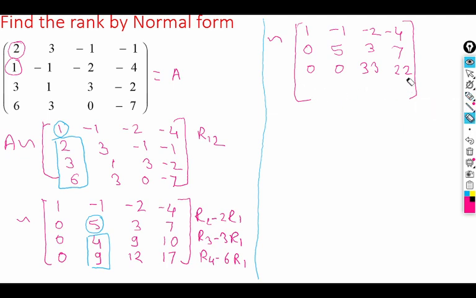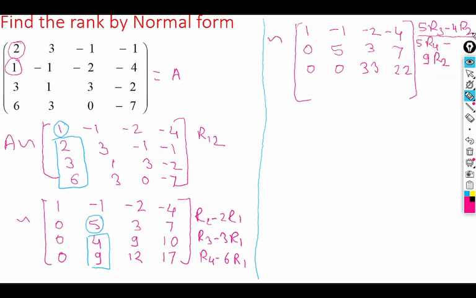This is the wrong thing that we did. Actually, the transformation for this row was correct. So we require 5R3 minus 4R2, and for the last, 5R4 minus 9R2. This is the last.